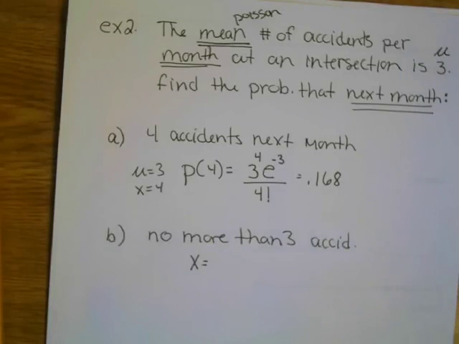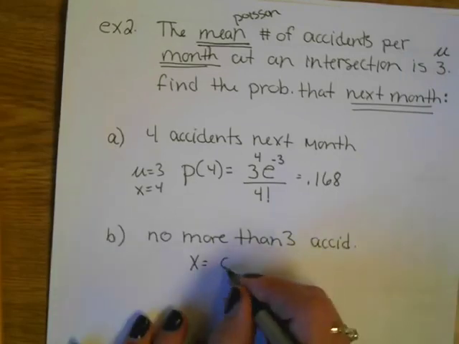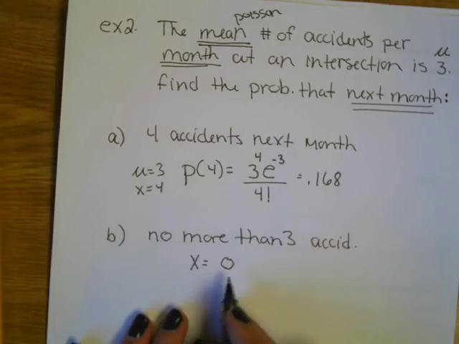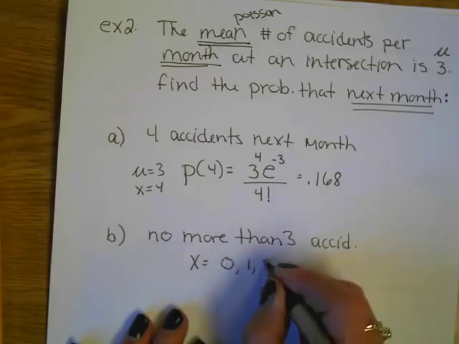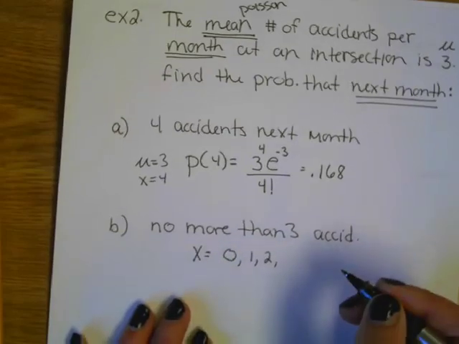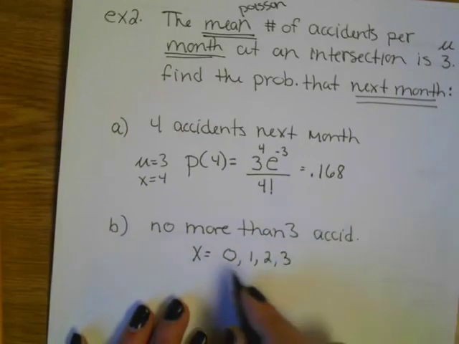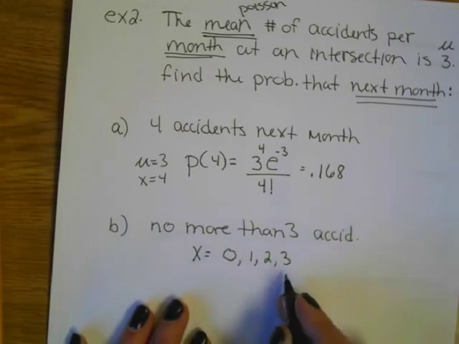Or 0. Oh, it's 0. Could there be no accidents next month? Yes. So the Poisson can have a 0 X value, the binomial can have a 0 X value, the geometric cannot. So 0, 1, 2. Are we stopping at 2, or are we including 3? We're stopping at 3, including 3. We need those 4 probabilities added up.